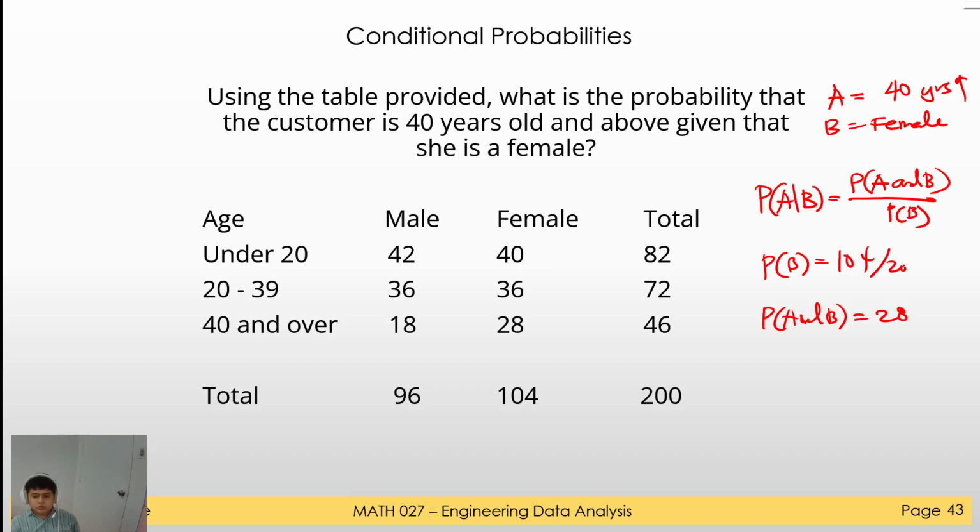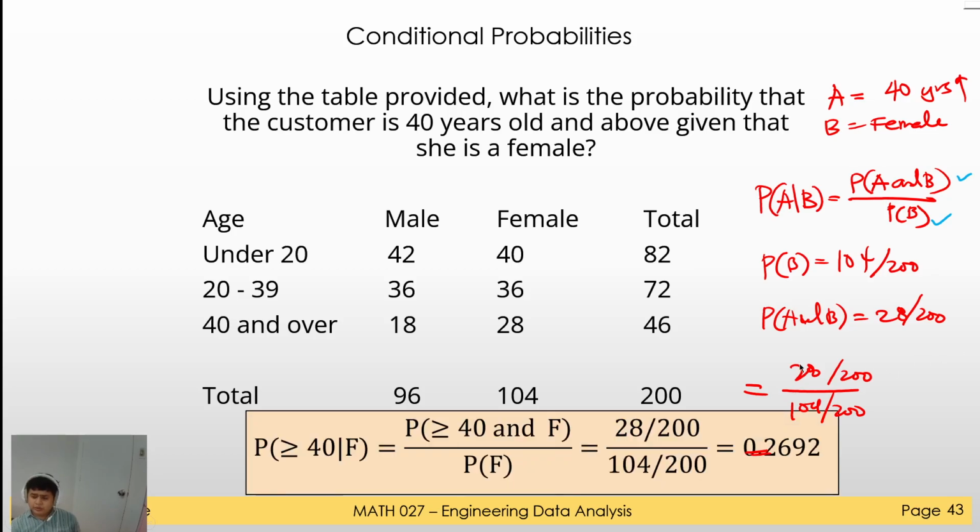So this should be over 200 and then over 200, but this will cancel out. So this will be the ratio of P of AB and P of B: 28 over 200 and then 104 over 200. So this should be equal to 0.2692.